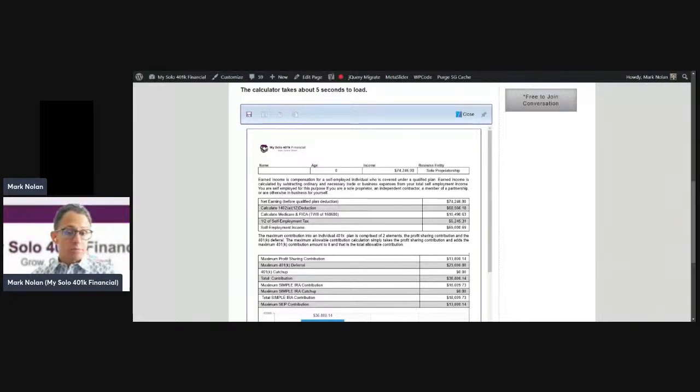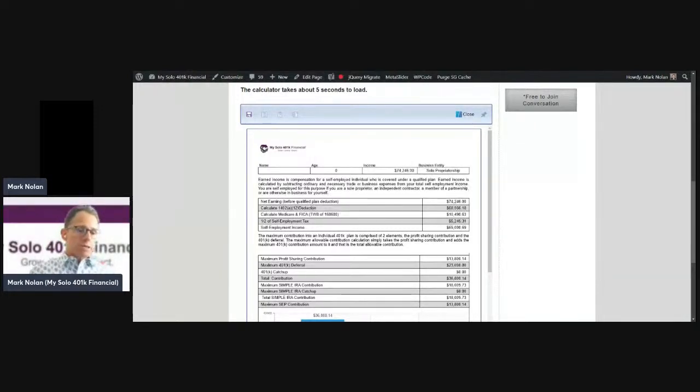So you can contribute this entire $69,000 to the voluntary after-tax solo 401k bucket and then convert it to the Roth solo 401k or the Roth IRA. So that's the overall limit. Of course, if you make this entire $69,000 as a voluntary after-tax solo 401k contribution, you can't contribute any more.